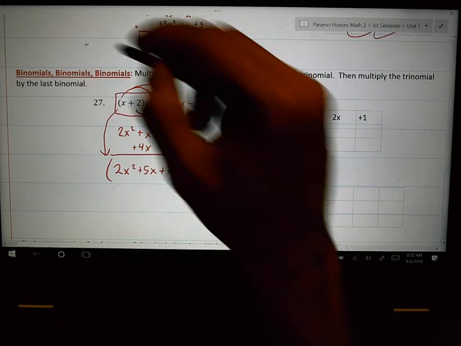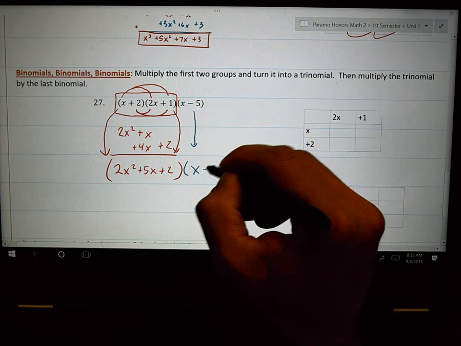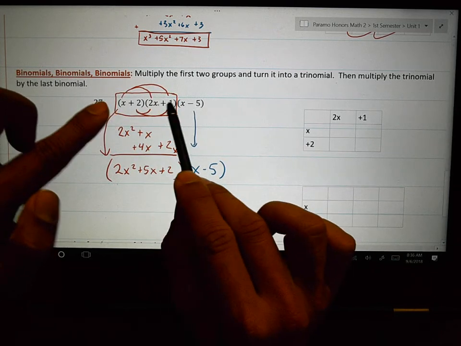What you should be aware of is that the x minus 5 is still outside, and it's still in parentheses, and it's still multiply. So what a lot of students do is they do these first two and they kind of forget.